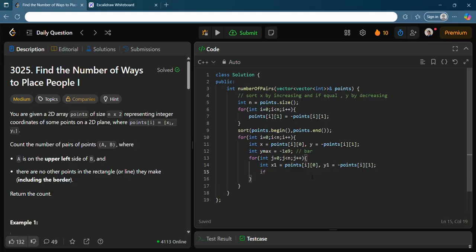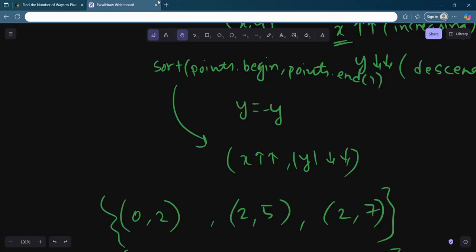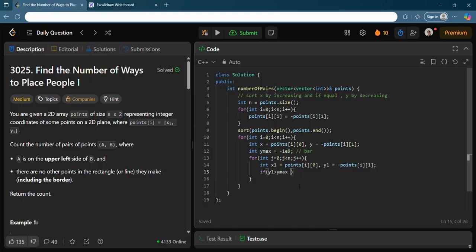And I will check a simple criteria: y1 should be strictly greater than y max, the bar, and also y1 should be less than or equal to y. The second criteria says that they form a valid pair where A lies to the top left of B, and this statement says that they do not have any other points in between them.